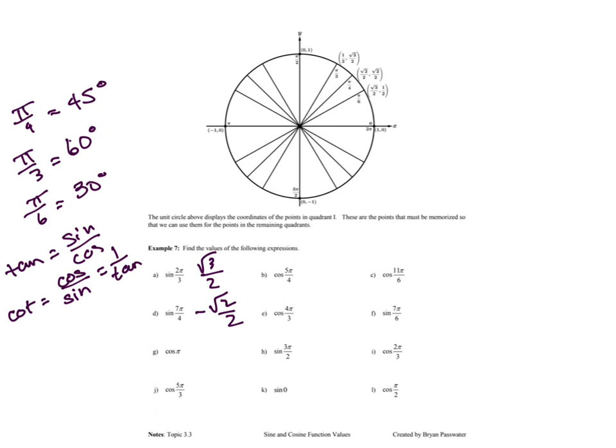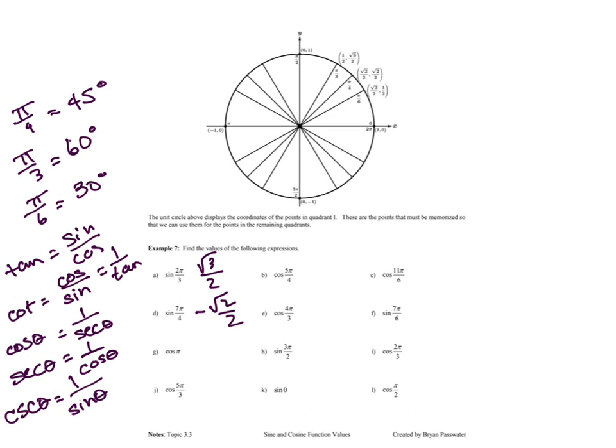So it's the reciprocal of tangent, which is cosine over sine. If I have cosine, its reciprocal is secant. So secant theta is going to be found by flipping cosine. Last one. Cosecant theta is going to be found by flipping sine. It's the reciprocal of sine.